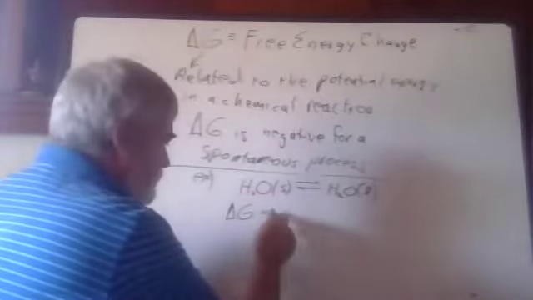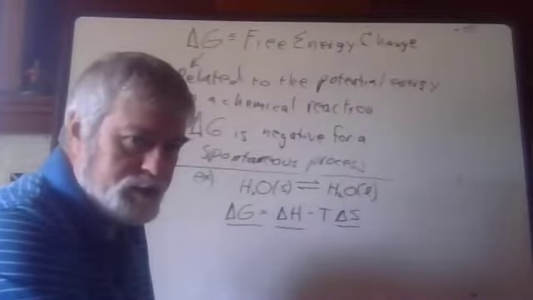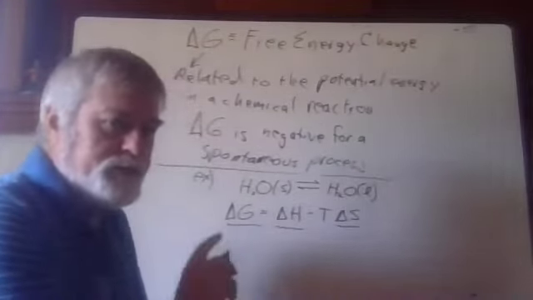Delta G equals delta H minus T delta S. Okay. Let's think about this process. And what I'm going to do is put underneath these three quantities, delta G, delta H, and delta S, what the sign of the quantity is for this process.